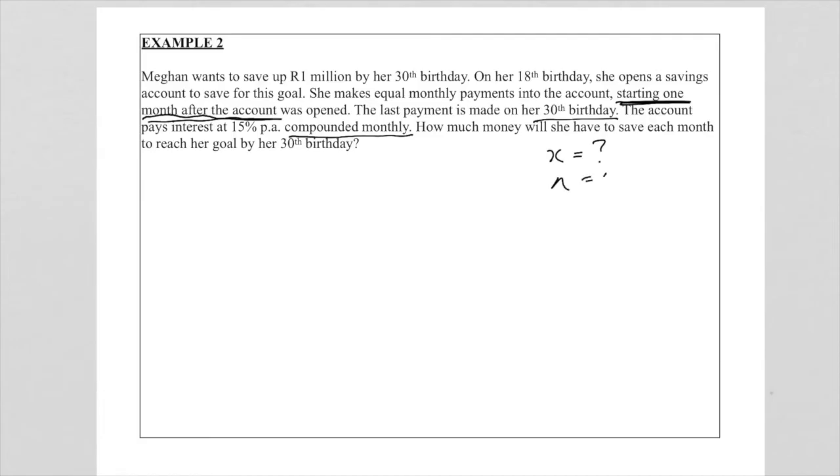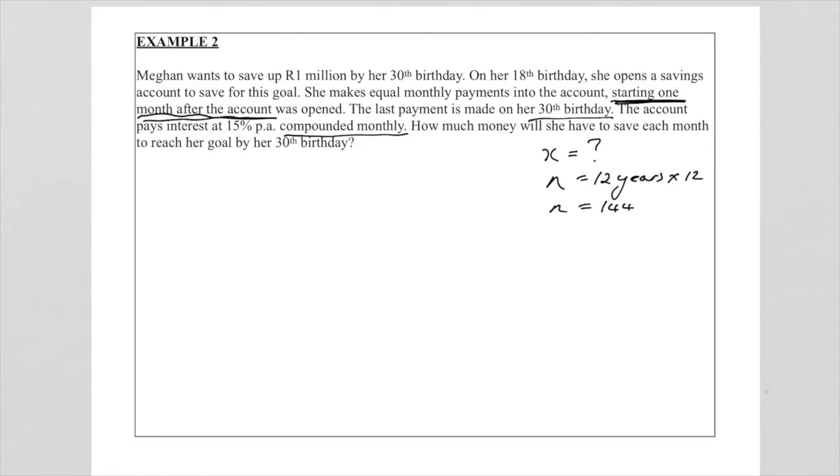So N will be 12 years times by 12, because this is monthly. And that will give us an N of 144. Please take note, in this particular problem, it's not +1 like in the previous one, because she didn't make the first payment immediately. She only started 1 month after the account was opened.